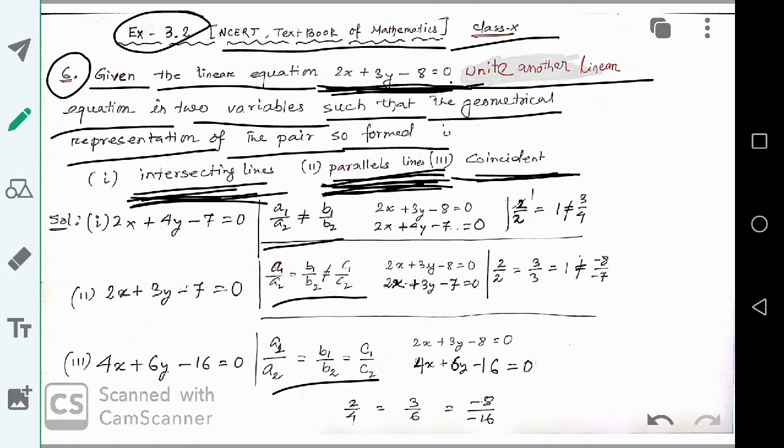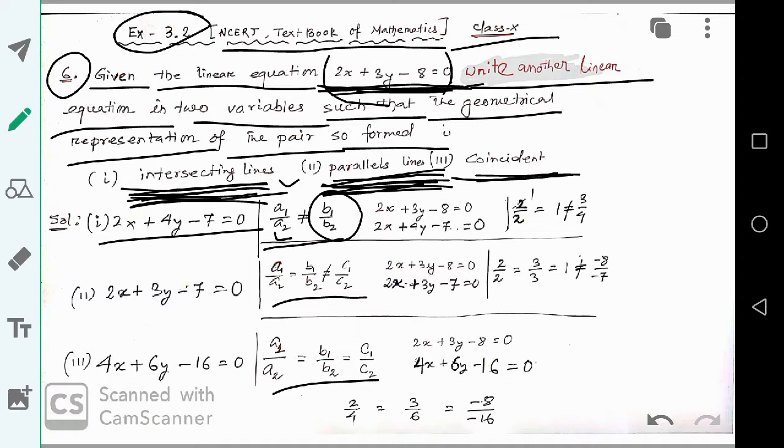The given equation is 2x + 3y - 8 = 0. In order to get intersecting lines, we have to take an equation such that a1 by a2 is not equal to b1 by b2.